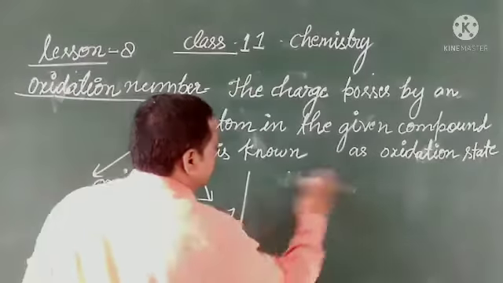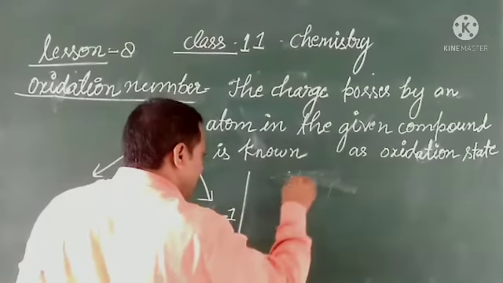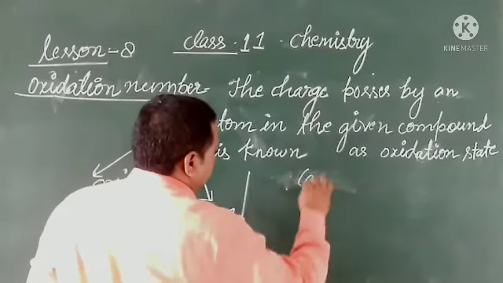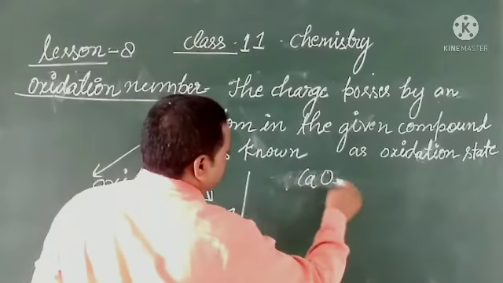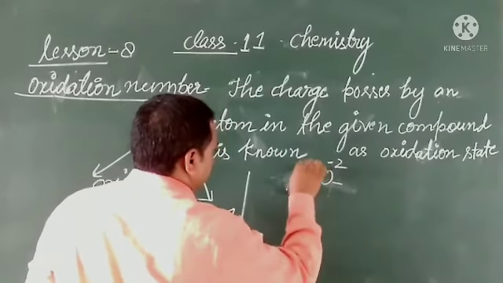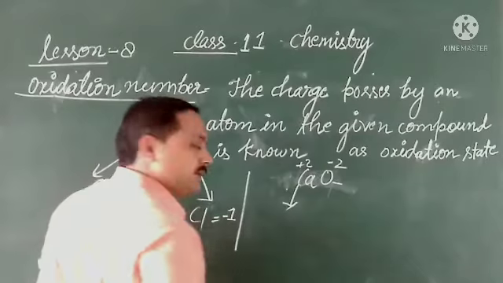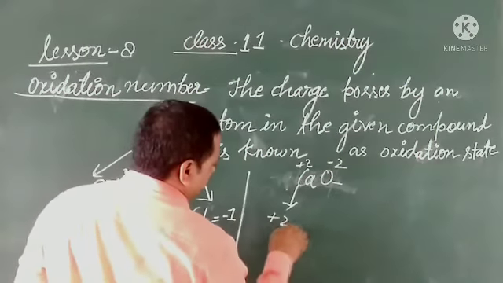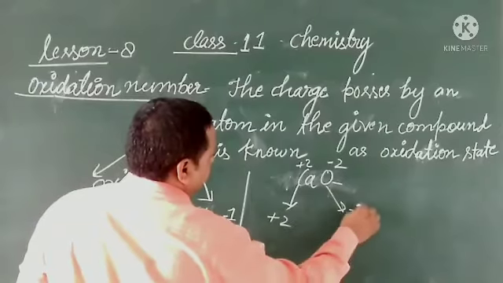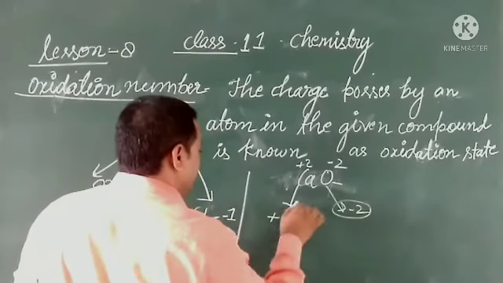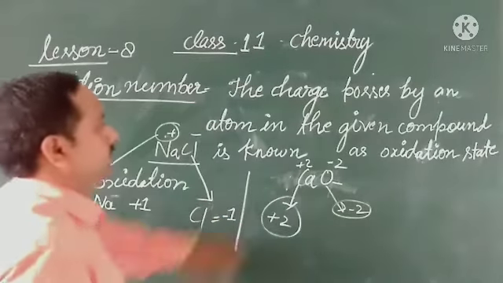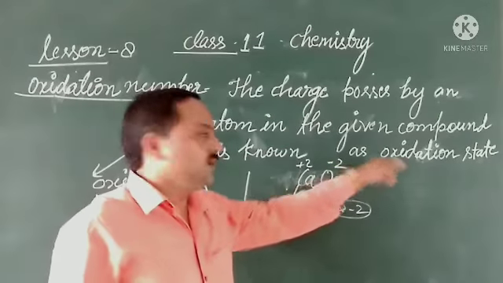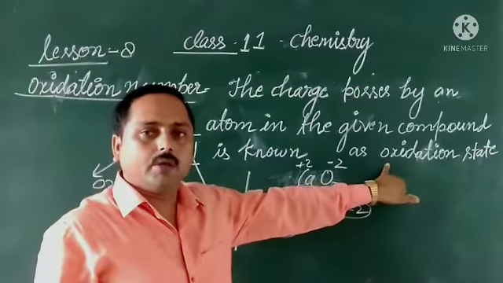Other examples are here too. The oxidation state of calcium is plus 2 here and oxygen is minus 2. So on this basis I have defined it. The charge possessed by an atom in a given compound is known as oxidation number.